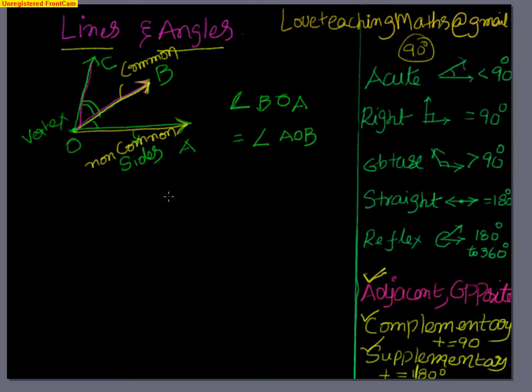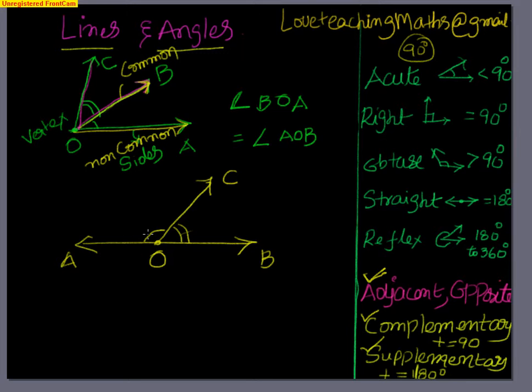Now let us take a special condition of the adjacent angles we have seen. Suppose I have a straight line, and I have a ray here. So this is A and this is B and this is C. You can see here I have two angles and both of them are adjacent angles.